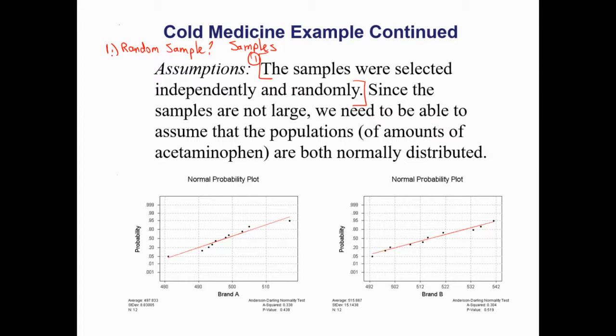That's it. And then two: large, question mark. And I said, n's less than 30, we need to check. Here's my box plots. Here's my conclusion about the box plot. So you can keep it short and sweet as long as you're to the point.